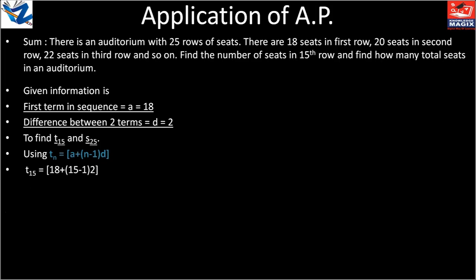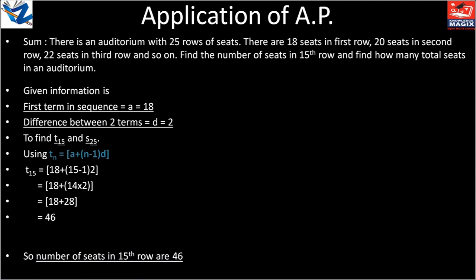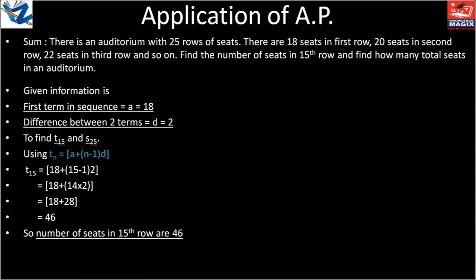T15 is equal to 18 plus 15 minus 1 into 2 is equal to 18 plus 14 into 2 is equal to 18 plus 28 is equal to 46. So number of seats in 15th row are 46.